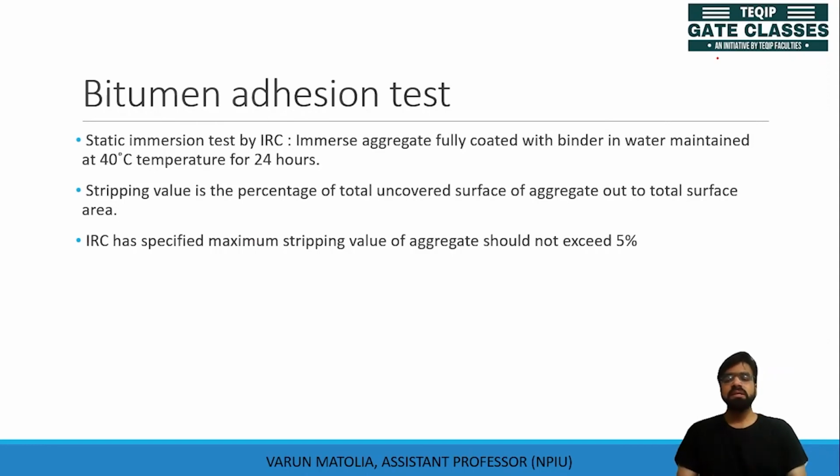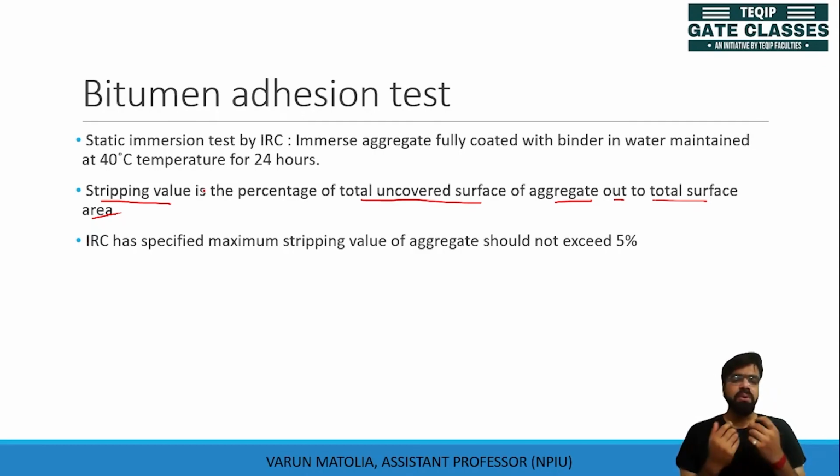So for this, stripping value is calculated. What is stripping value? Stripping value is the percentage of the total uncovered surface of aggregate out of total surface area. Total surface area and the uncovered surface. This ratio is calculated in terms of percentage.